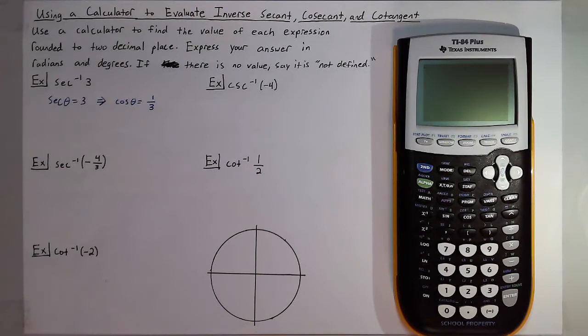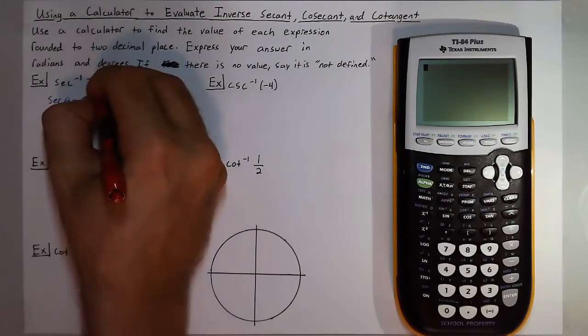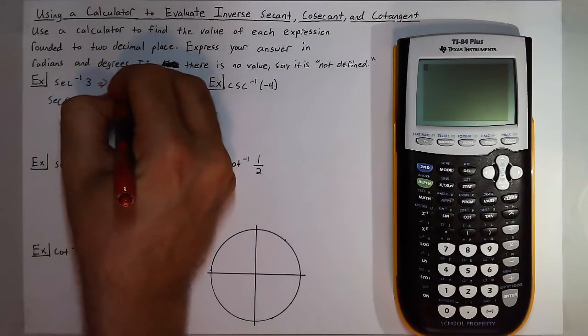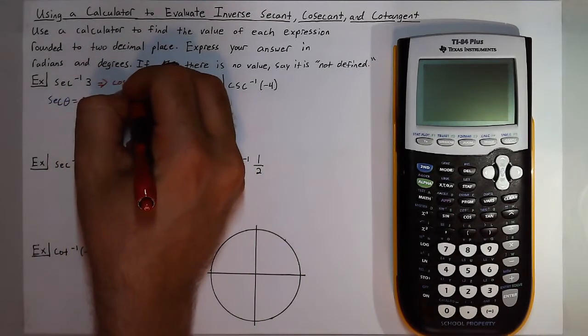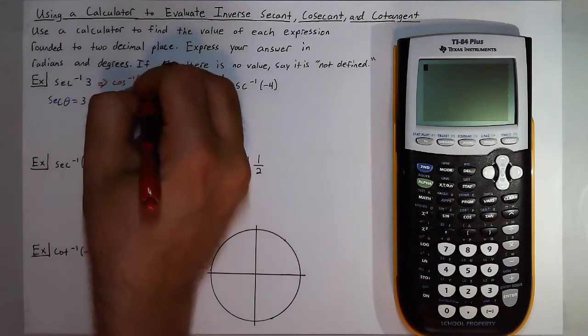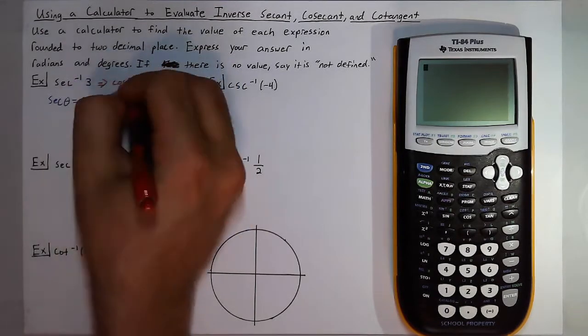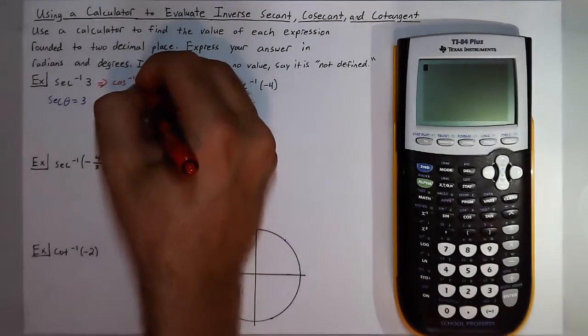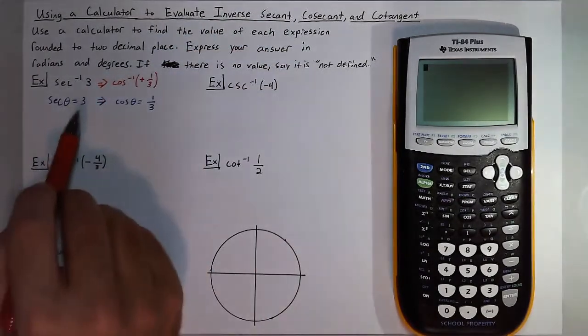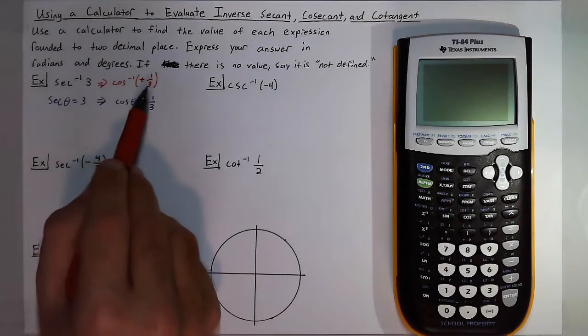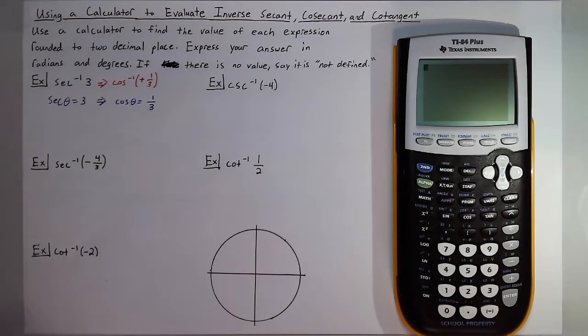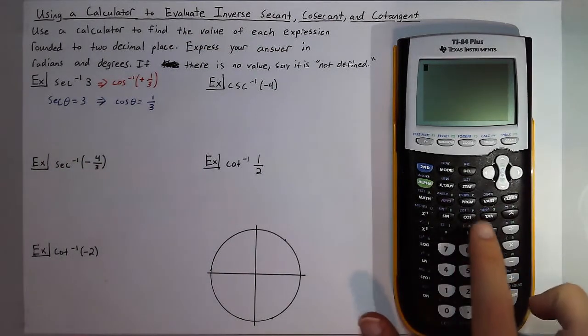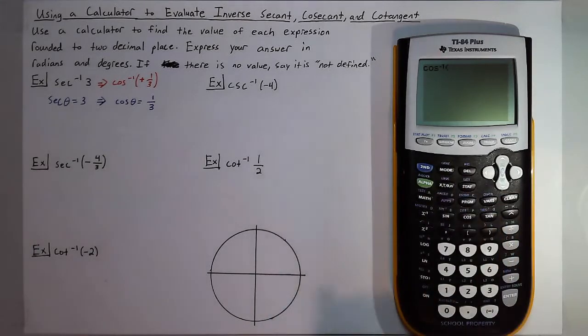So this expression could also be written as cosine inverse of 1/3. So when I use my calculator here, cosine inverse of 1/3.